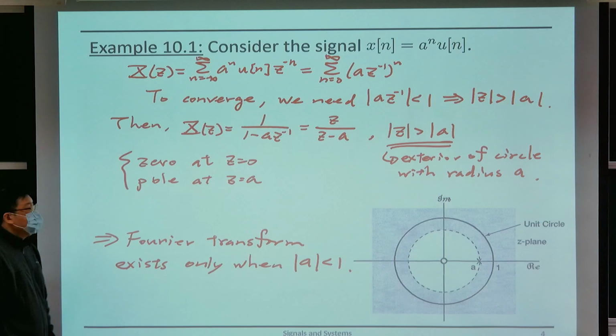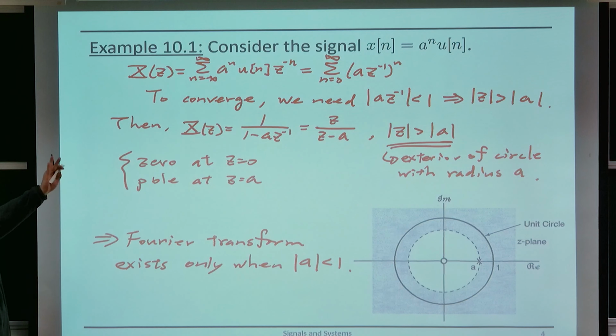And this is reasonable because only when a is less than 1 will this geometric series actually converge. Otherwise, this will blow up to infinity.